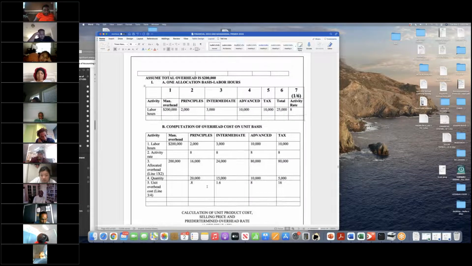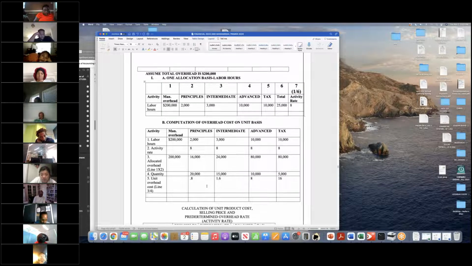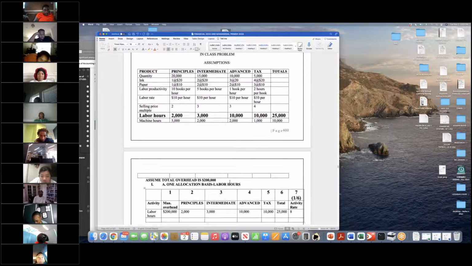What is the cost of the intermediate book? The unit cost and selling price for the intermediate book.